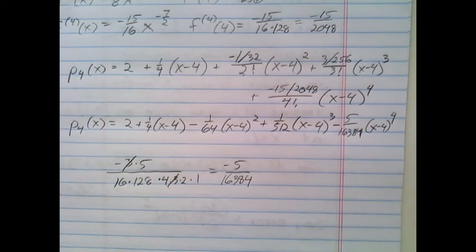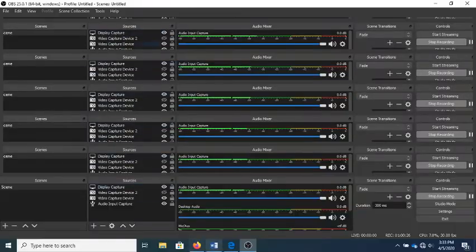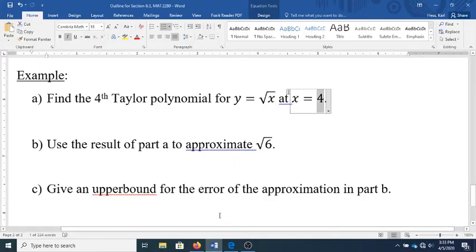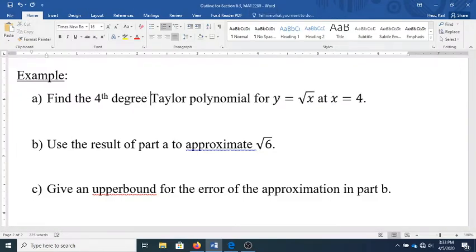All right, let's do the next part. So we found our fourth degree Taylor polynomial for y equals square root of x centered at x equal 4. Use the result of part A to approximate square root of 6.